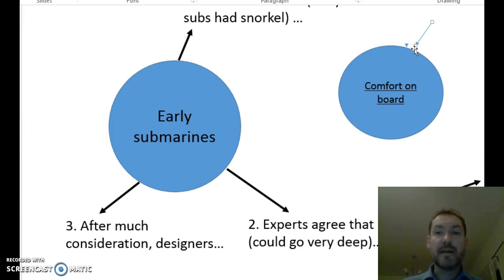And they may have bunk beds. Maybe there's an area for a kitchen and cooking, which the early submarines probably didn't have. So there's a lot I can talk about there. Just remember not to forget the connectives. Connectives are a big deal in the class at the moment. That's a lot of targets for a lot of people.